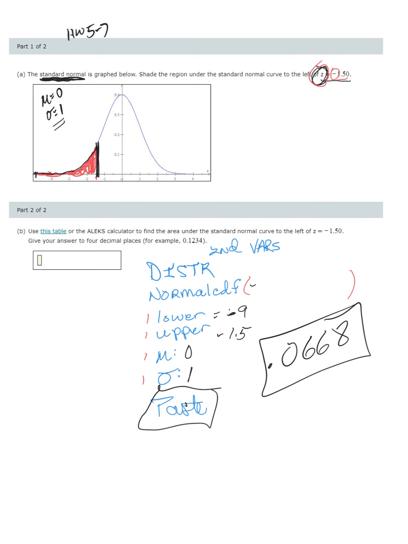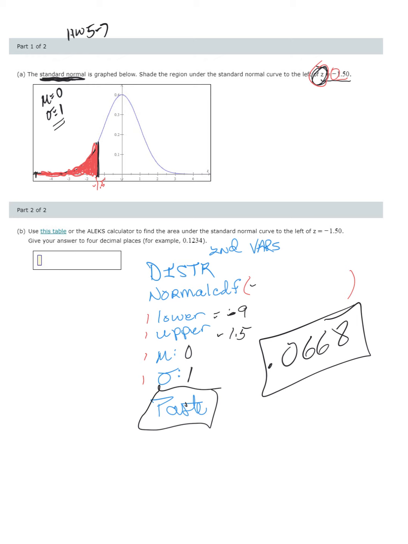So remember that is the area of this red region right here. It's also the probability that you would have a score on a graph like this that would be less than -1.5 standard deviations away.